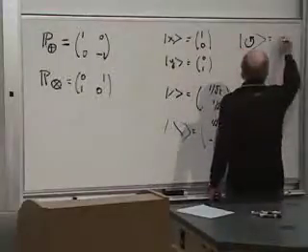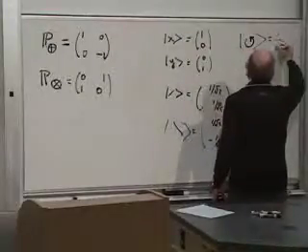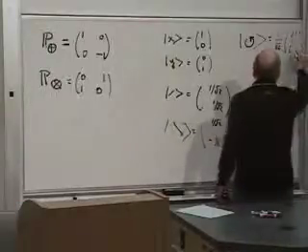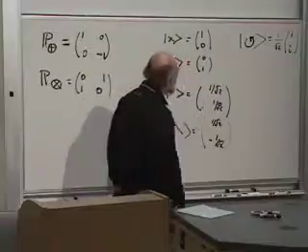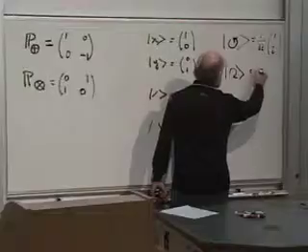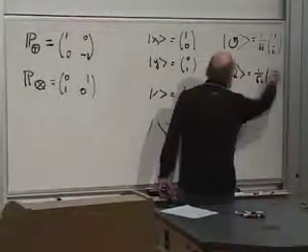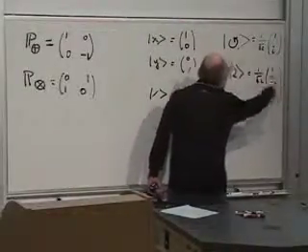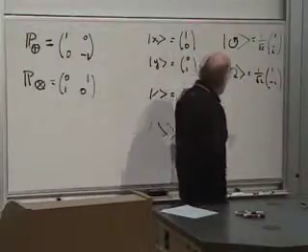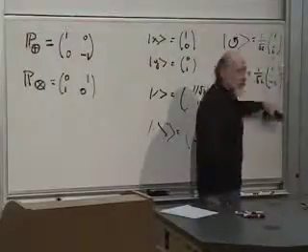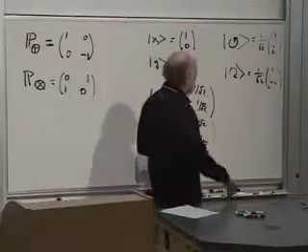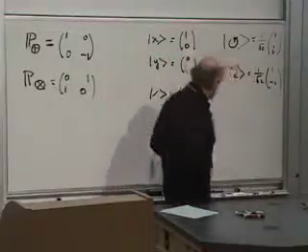The wave function for that is 1 over square root of 2, and you can take it to be 1, i. Here's the first place where complex numbers come in. The opposite polarization is the same 1 over square root of 2, 1, minus i. These are again orthogonal. You can check that. Remember, when you check it, that you should complex conjugate one of them when you take the inner product, and then multiply the upper components and add it to what you get when you multiply the lower components.